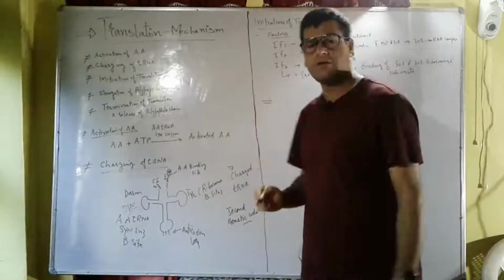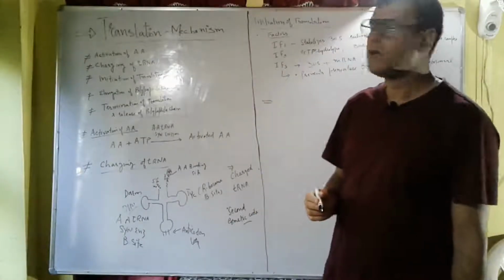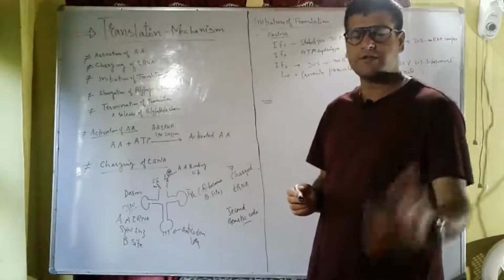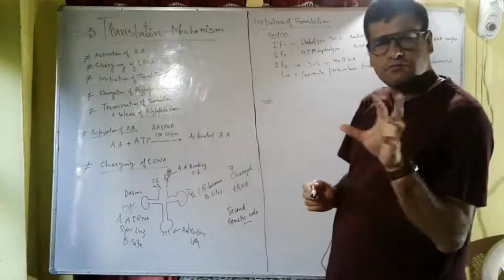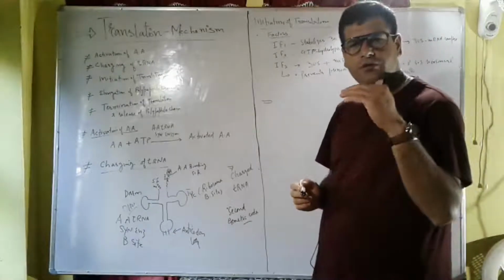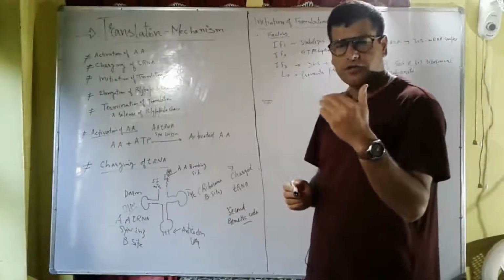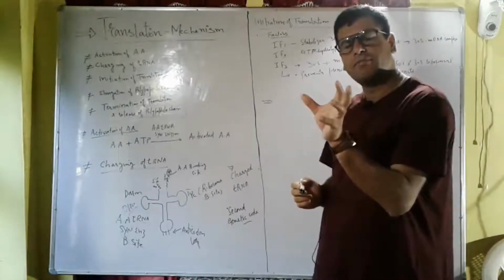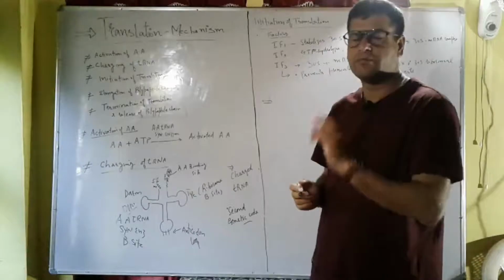So these are the initiation factors involved in the initiation of translation. So how does this initiation take place? The 30S ribosomal subunit binds to the initiation factors, and this complex then binds to the mRNA.